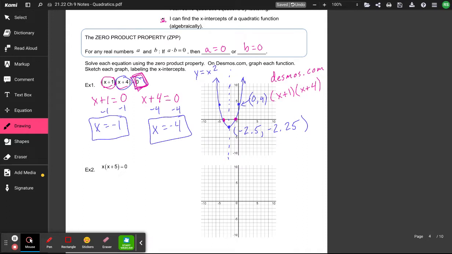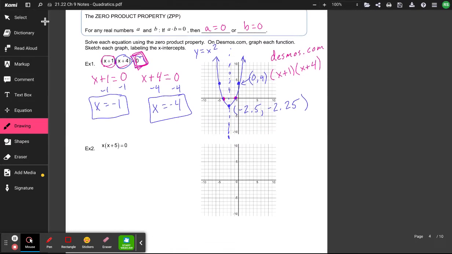That is my vertex. I'm going to plot both x-intercepts. I'm going to plot my y-intercept of 0, 4, where it hits the y-axis. You'll see I've drawn my axis of symmetry through the vertex, and then I've reflected those points to the other side. We now have a parabola that faces up. I've labeled the vertex, and I have labeled the y-intercept.